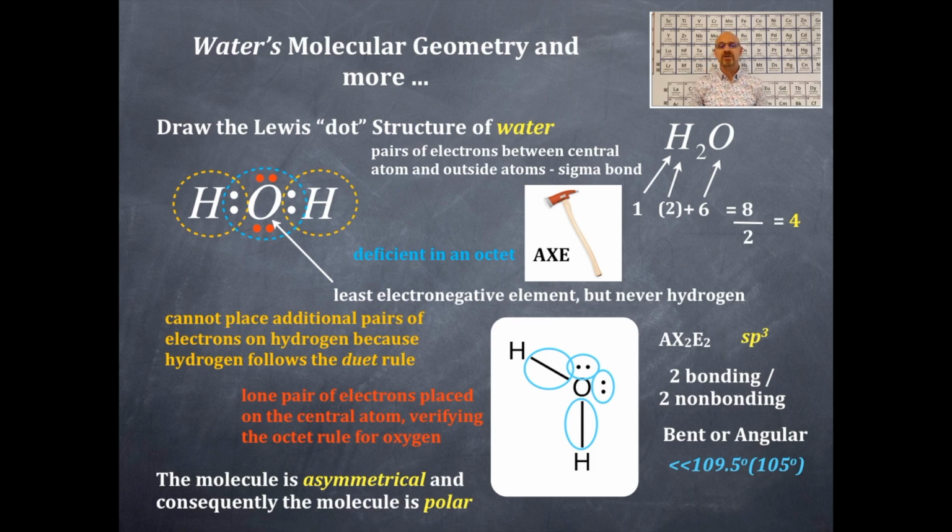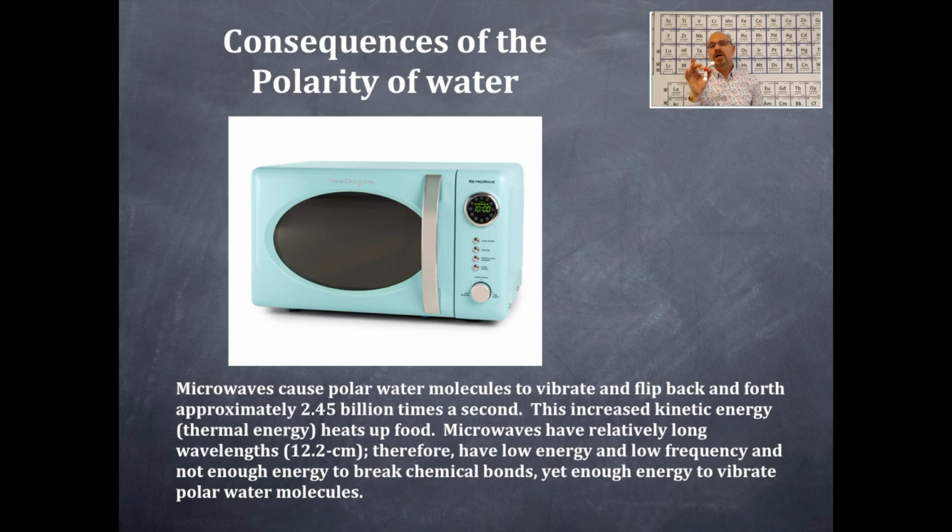Check this out here with water. The consequence of this polarity is seen in a microwave oven. Microwaves cause polar molecules to vibrate, and that is the molecules themselves. This bond vibrates, it goes back and forth. The rotation of the bond is there as well.